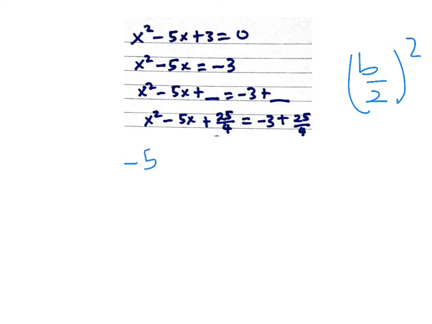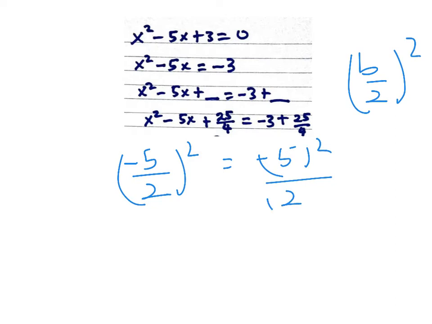-5 over 2 squared will be -5 squared over 2 squared, which is 25 over 4, because -5 times -5 is 25, and then 2 times 2 is 4.